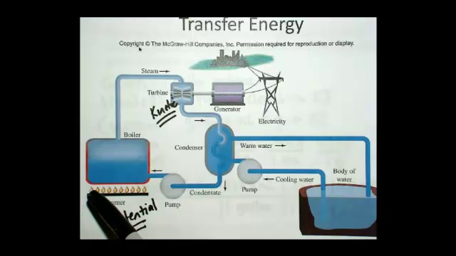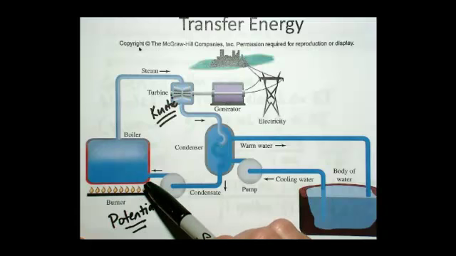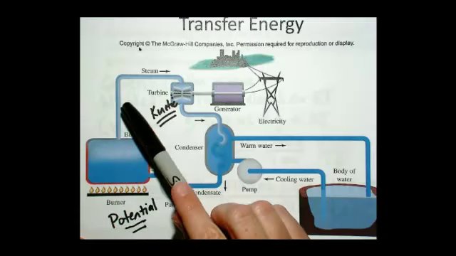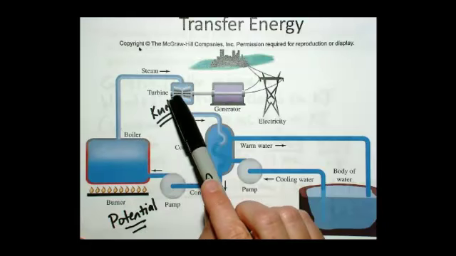The burner here is the start of the energy transfer from potential energy, where it's been stored for millions of years in the chemical bonds of the fuels. Once it undergoes that combustion reaction, it gives off heat, and that's the beginning of the energy transfer process.